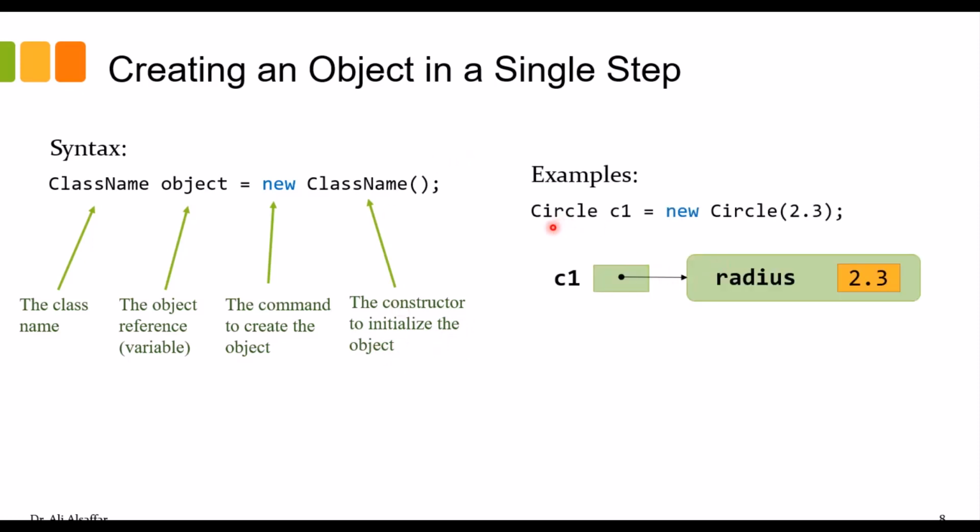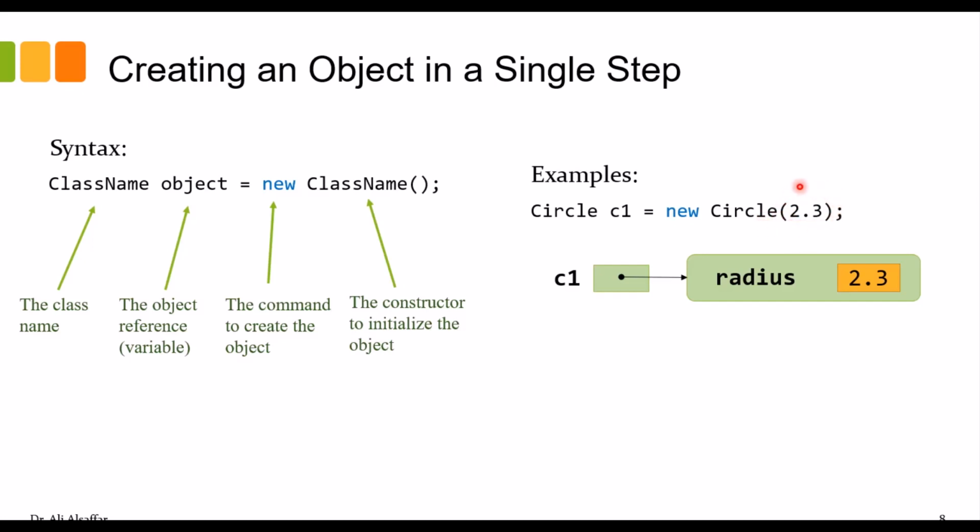So this is an example of creating an object from Circle. This is the name of the class, this is the name of the variable, and here new, this is the command that we give to Java to create an object, and this is the constructor that will construct the object for us.